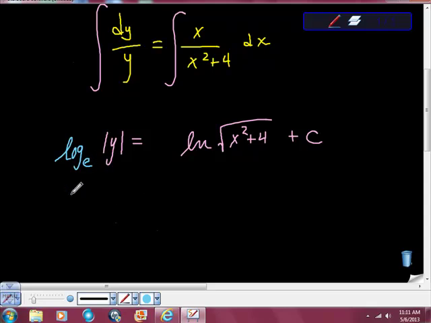So I raise e to the power of each side, and I get y equals e to the power of the square root of x squared plus 4 plus that constant c.